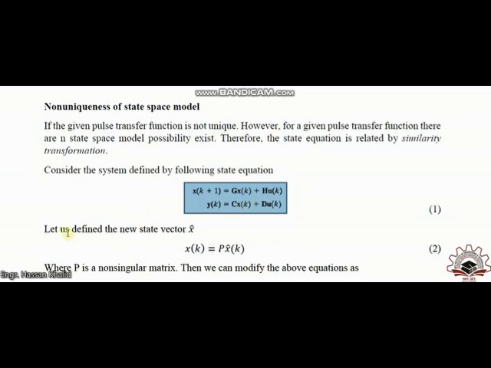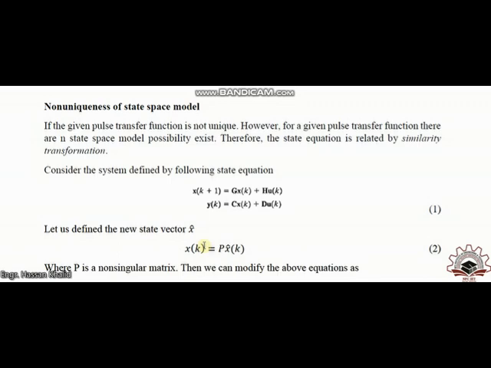If you want to perform the similarity transformation, we have to define a new state vector, denoted x-tilde(k), equal to P x-tilde(k), where P is a non-singular matrix, meaning that if you take the determinant, it will not be equal to 0.